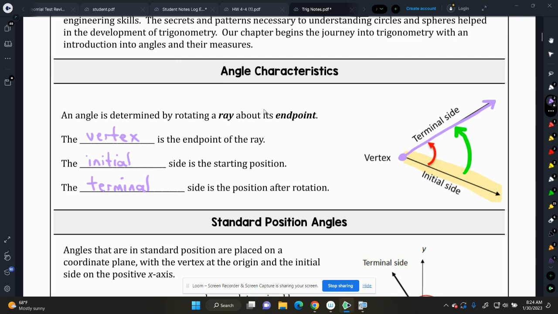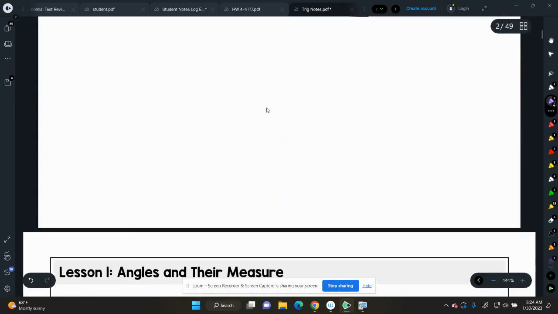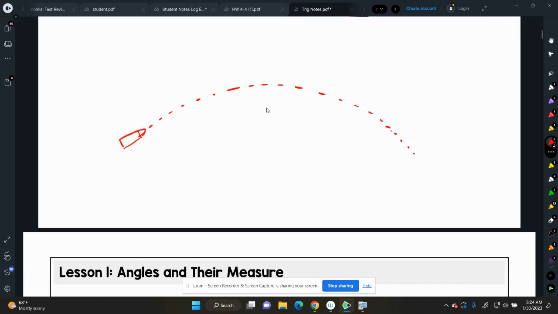Trigonometry is one of those subjects that is extremely applicable, especially when it comes to describing motion and direction. So, for instance, where would we use trigonometry? Well, trigonometry is used if we're talking about a projectile, or could be a bullet, right? The trajectory of the bullet. That's trigonometry.